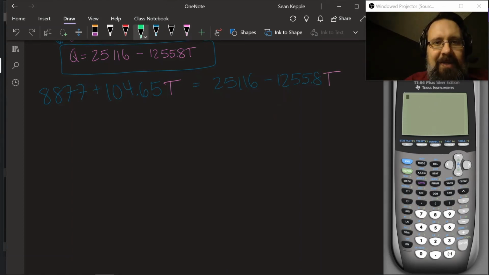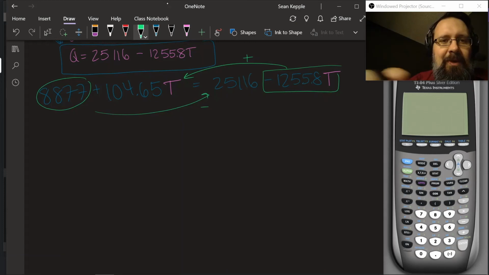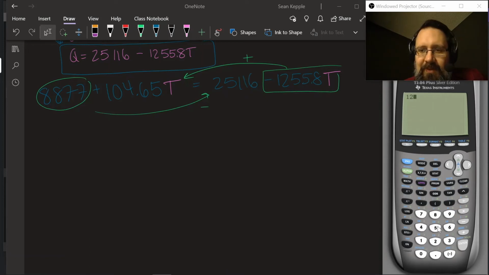Okay, so we're just looking to find what T is. All right, so basically this term over here is going to need to get added onto that term. And then this term over here, we're going to want to subtract it over to there. Okay, so let's rewrite this. So we're going to have 1255.8 plus 104.65.